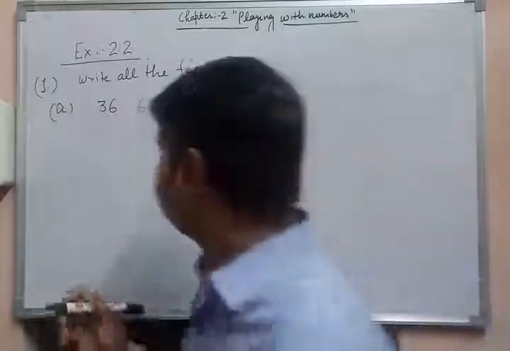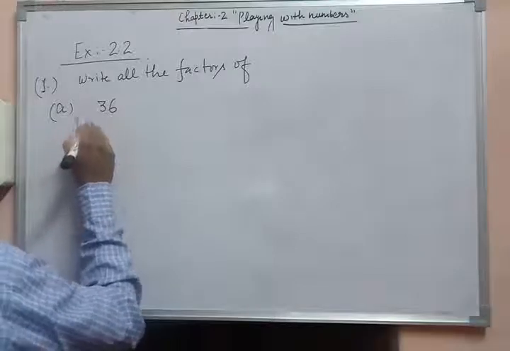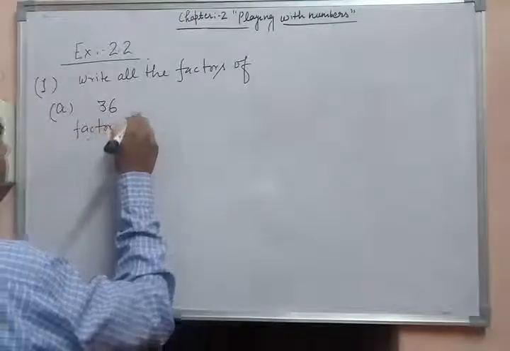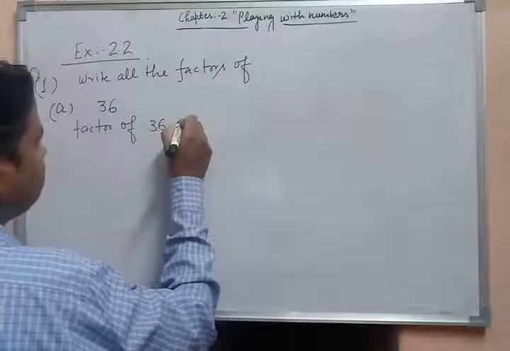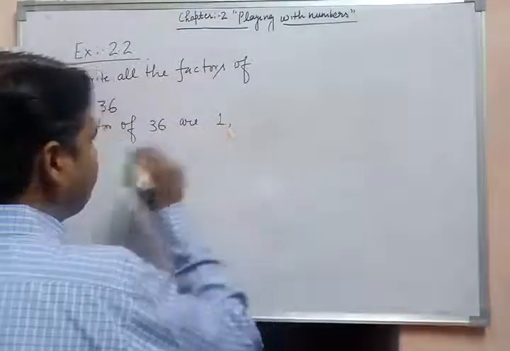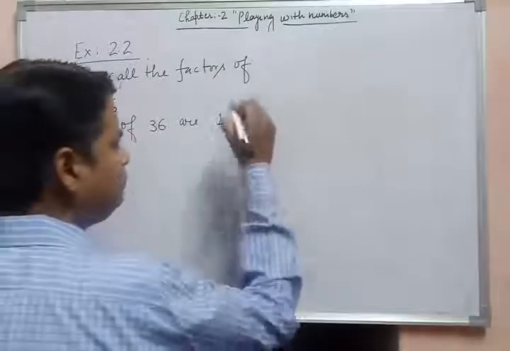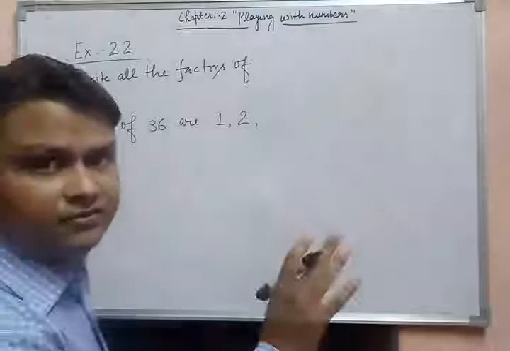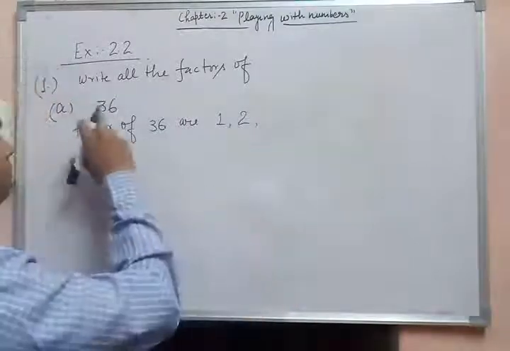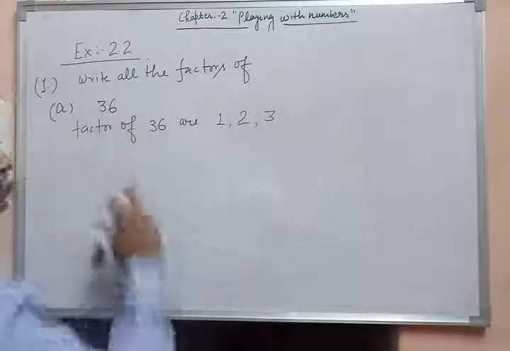Okay students, so all factors of 36 are: first one is 1, second one is 2, because 2 times 18 is 36. You have to write all the possible factors. Then after that 3, because 12 times 3 is 36.